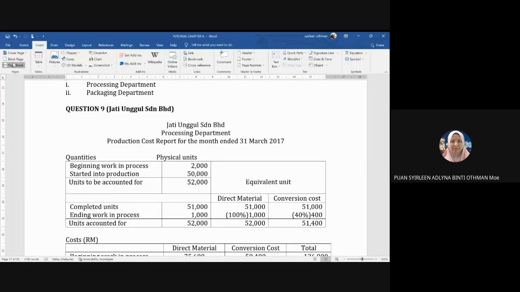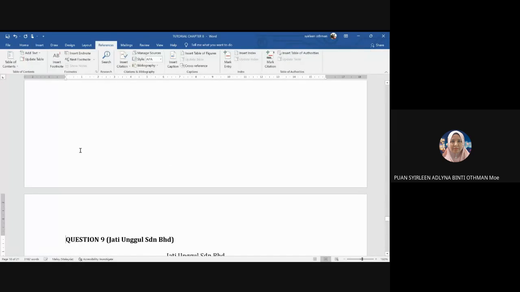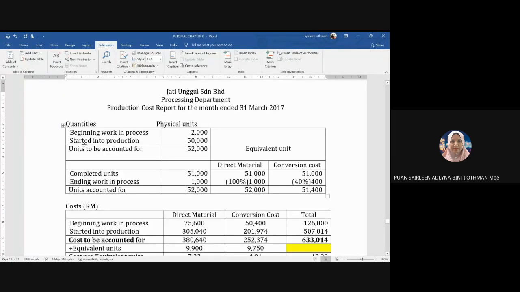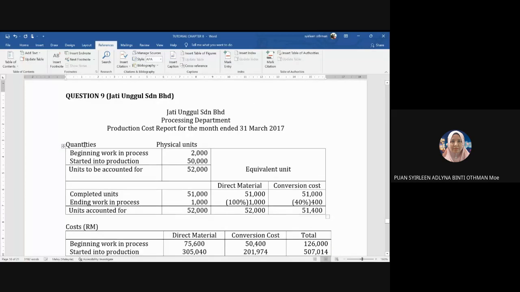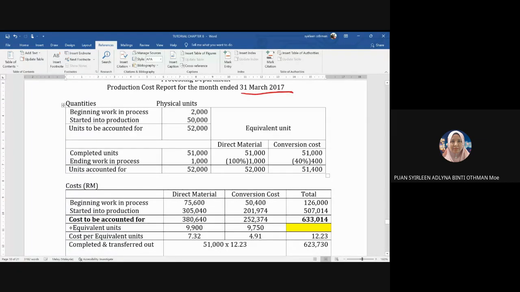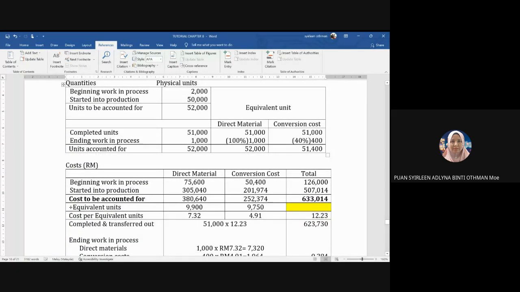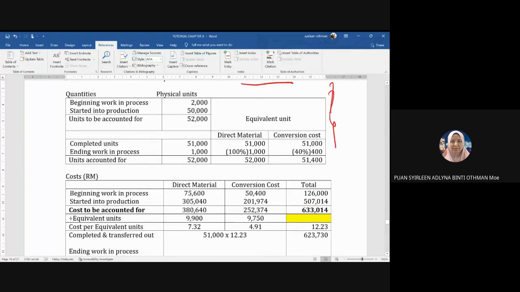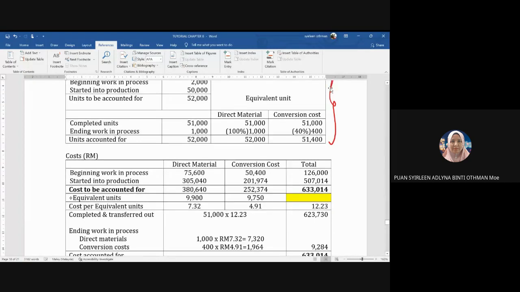Okay, so this is for Jati. Make sure you have the title: Production cost report. We are doing it for March 2017, which means ended 31st March 2017. This is your production flow from earlier, the physical unit flow.